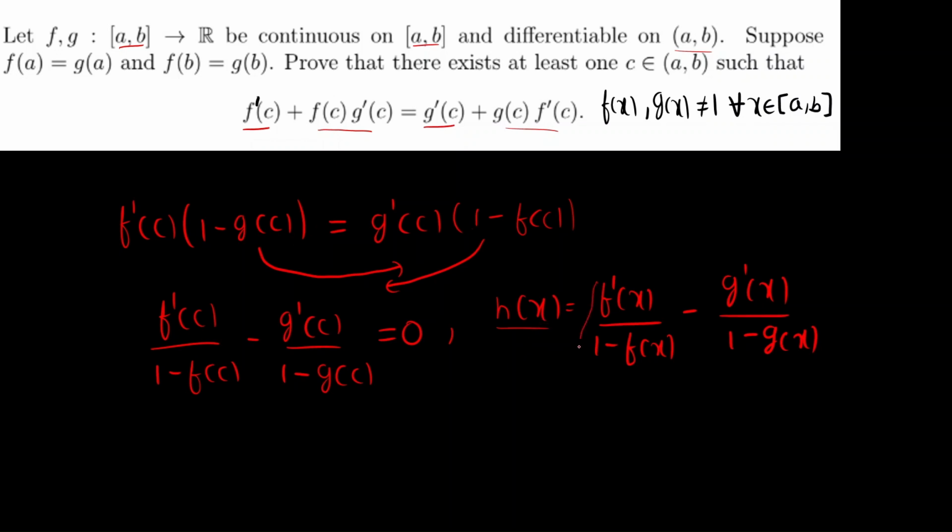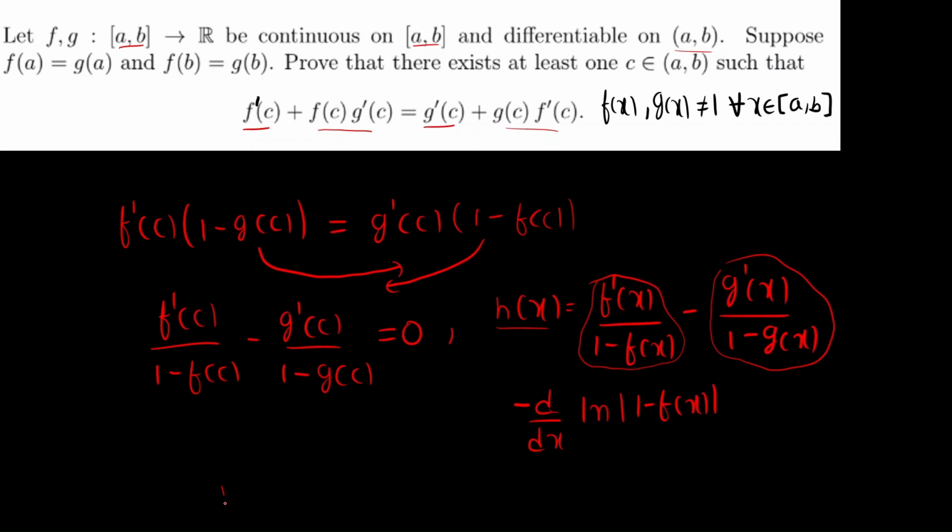Now you can see that this is nothing but d by dx of ln of 1 minus f of x, provided a minus, and even this is negative times d by dx of ln of 1 minus g of x.